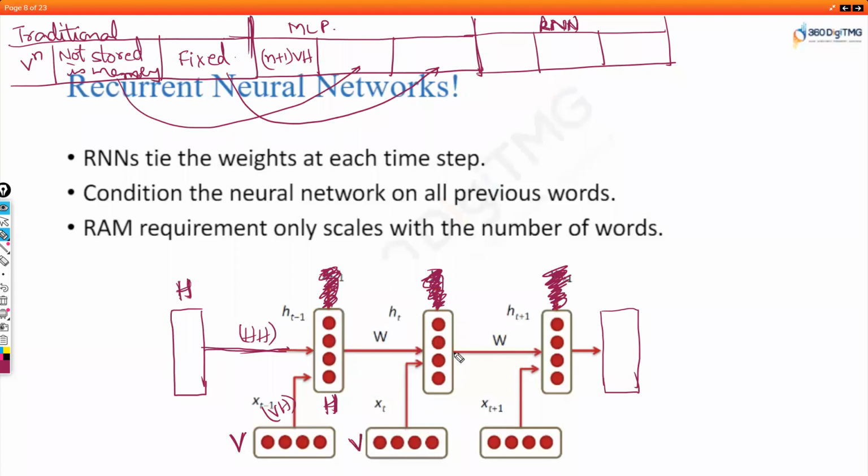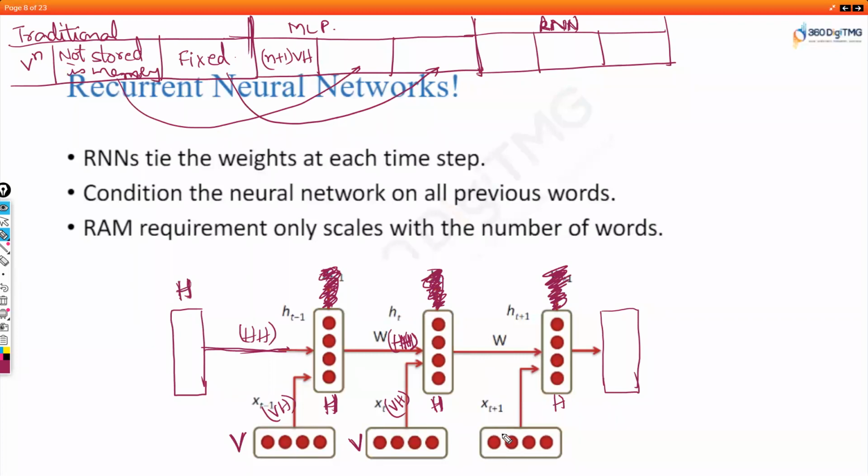The size will be V, and here you have a hidden layer with size H. When you multiply these two, you get VH, and then here you have HH, the number of hidden neurons H into H. Then again it is moving forward, and the information of these two words also gets carried forward.